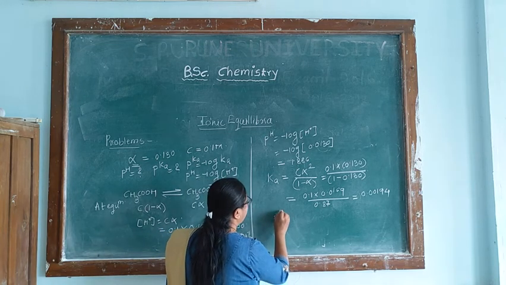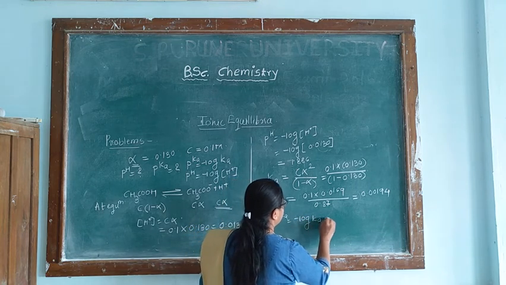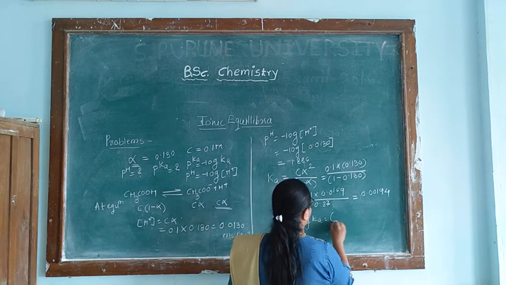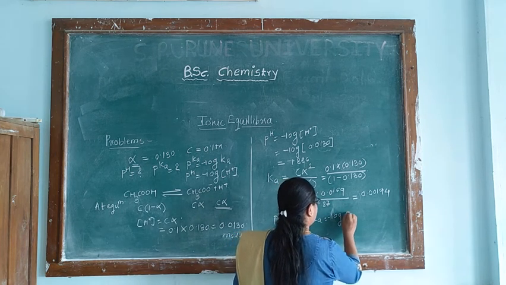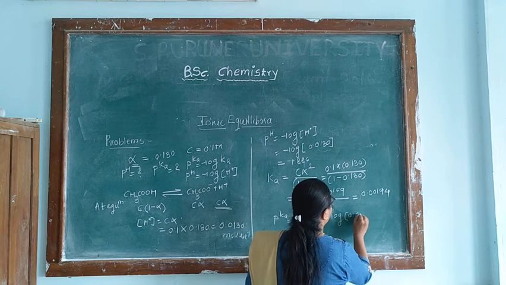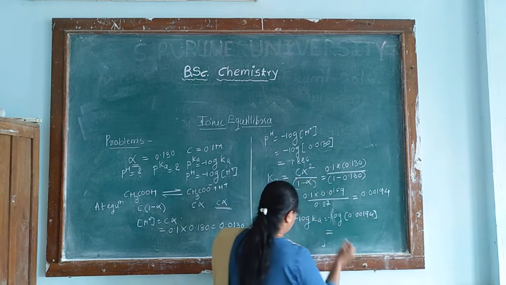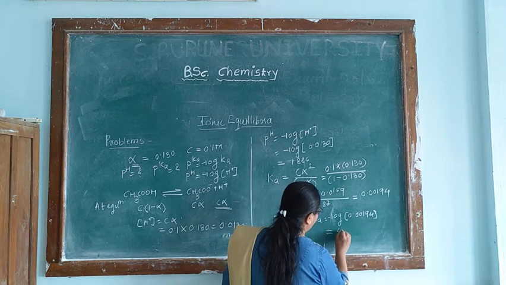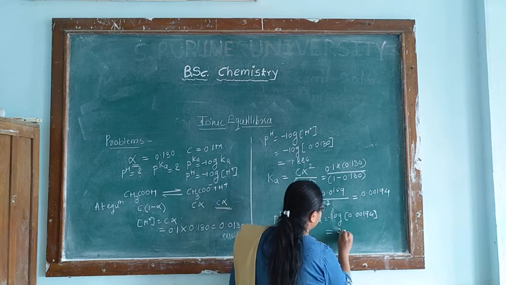Now therefore pKa is equal to minus log of Ka, which is equal to minus log of 0.00194. Therefore pKa is equal to 2.7.